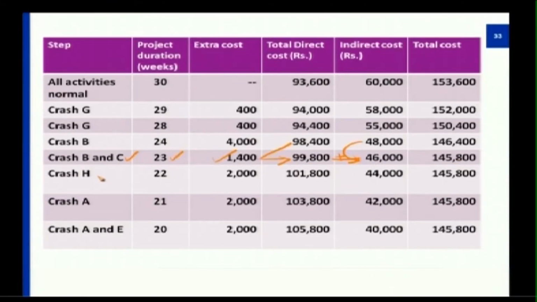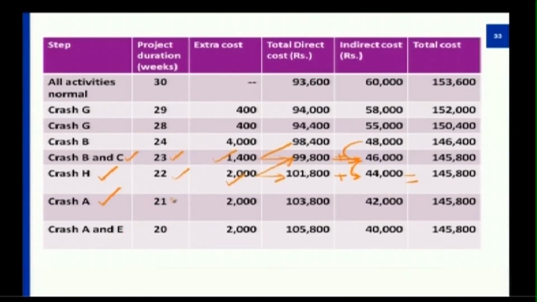If I am trying to reduce H by a week, it will take a cost of 2,000. So this 2,000 need to be added to 99,800, which will make it 1,01,800. So this cost will come down by another 2,000, which will be 44,000. So 1,01,800 plus 44,000 makes it 1,45,800.